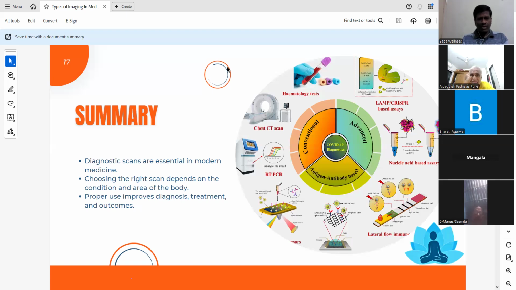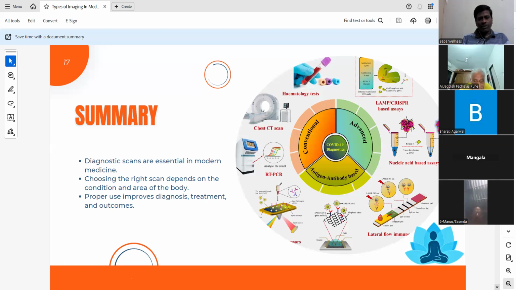So to summarize, which one is to be used depends upon the condition, the requirement, and the level of study that is needed, whether it is CT or PET or MRI or the X-ray related one, all those things.